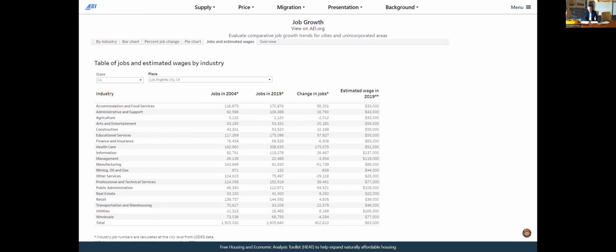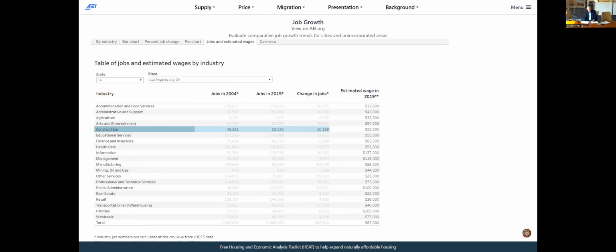So you're adding lots of low-paying jobs. You look at the next category, administrative support, 17,000 jobs. Just a bit more, 43,000, but still well below average. You're looking at arts and entertainment, 20,000 jobs, still below average. You're looking at construction at 10,000 jobs, still below average.